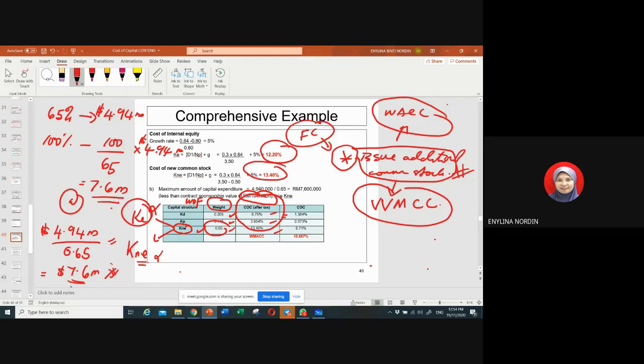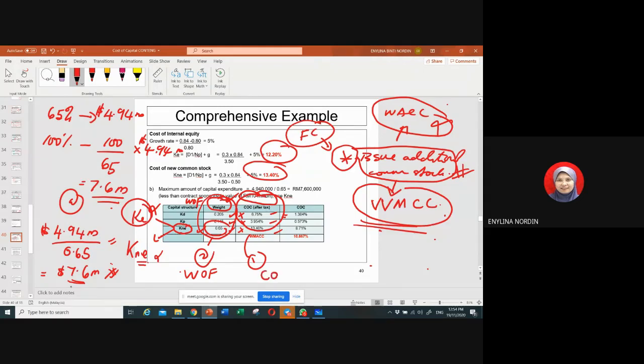Alright. If we have to issue, that means we don't call it WACC. We will use WMCC, marginal cost of capital. So you total up, that means you multiply for each component, and you already have the weightage. This is step 1. What is step 2? Step 2 is where we calculate the weightage of financing, WOF, for each component.